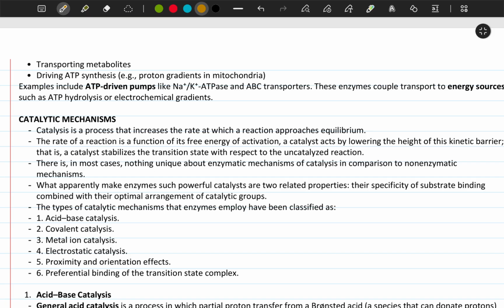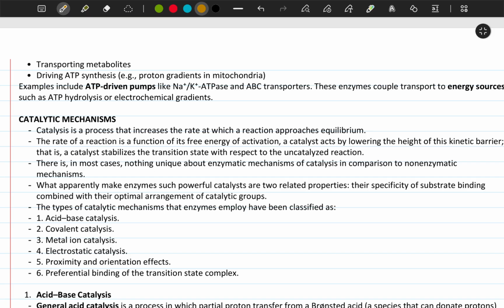What apparently makes enzymes such powerful catalysts are two related properties: their specificity of substrate binding combined with their optimal arrangement of catalytic groups.